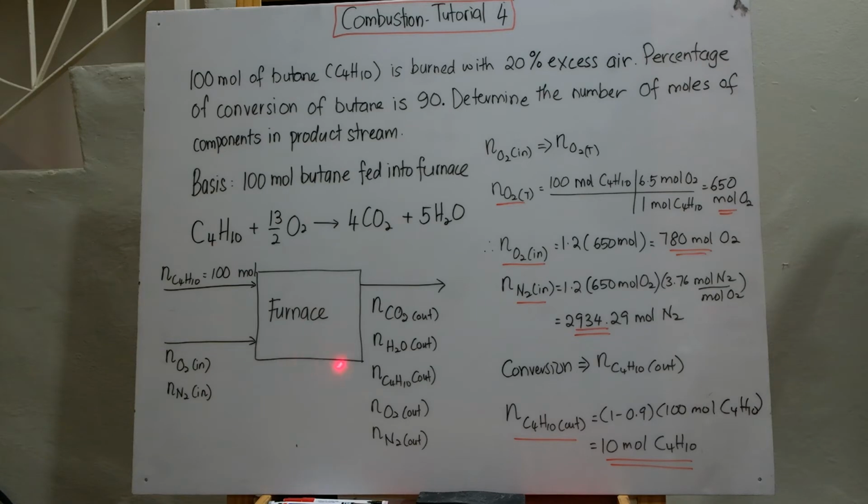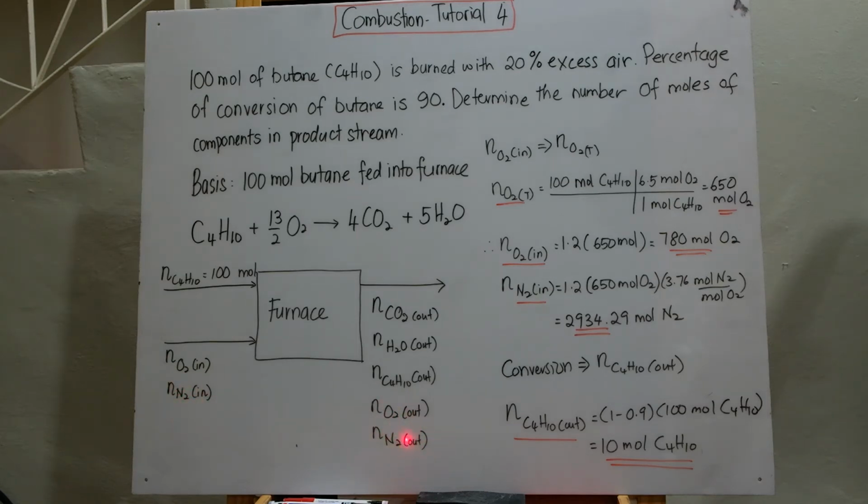Okay, and now the tricky part is putting down the unknowns for your product line. When it says burned with excess air, you definitely know you have excess oxygen going out together with your nitrogen, which is not reacted.